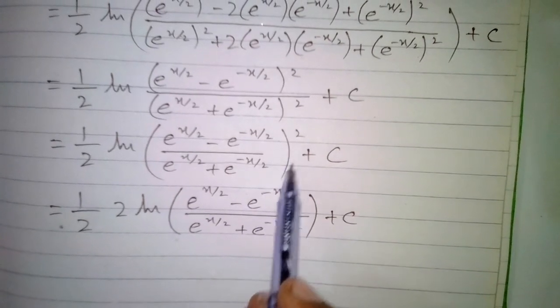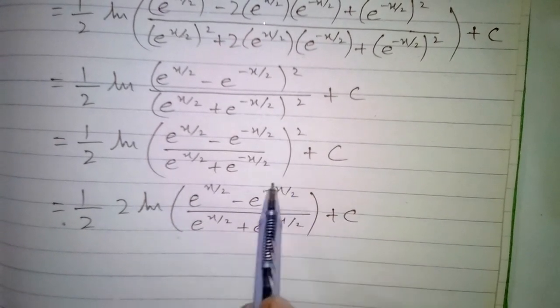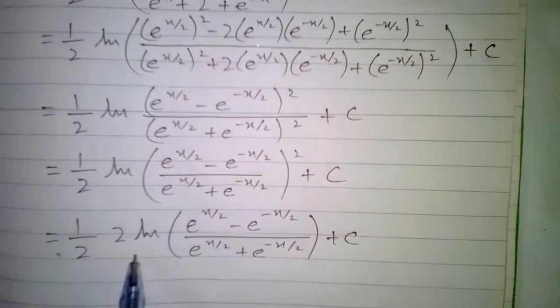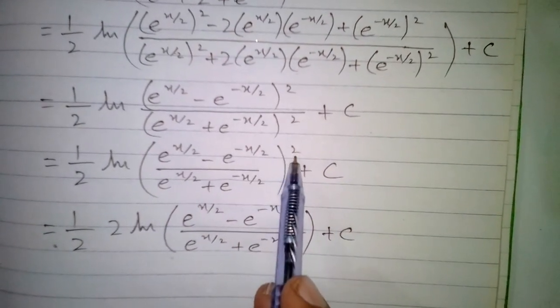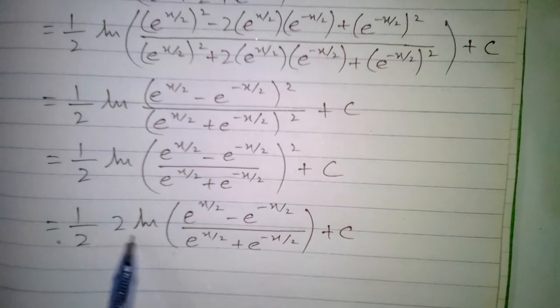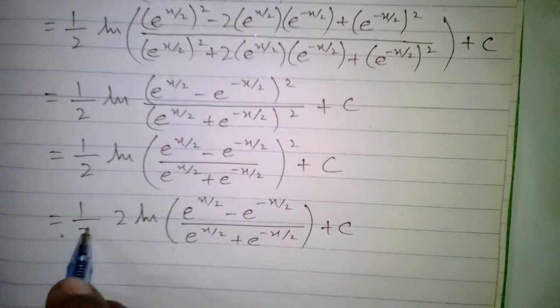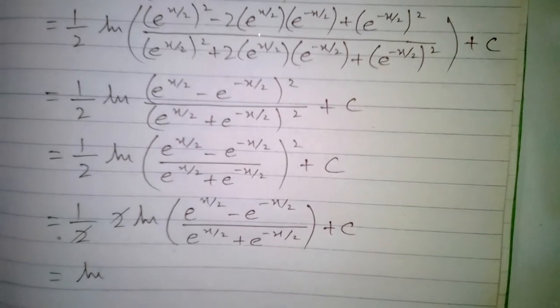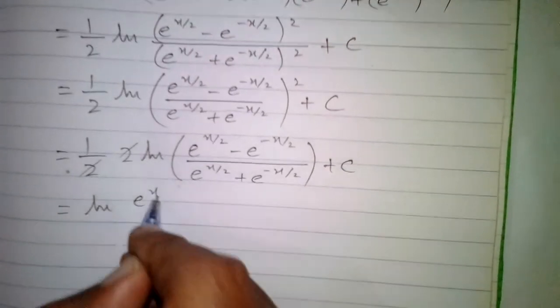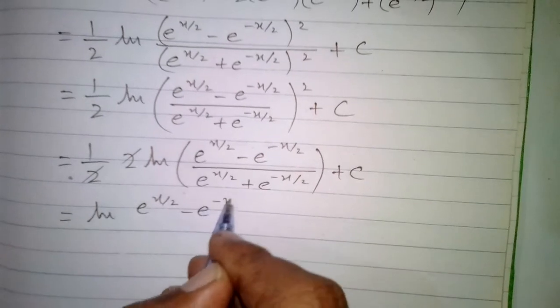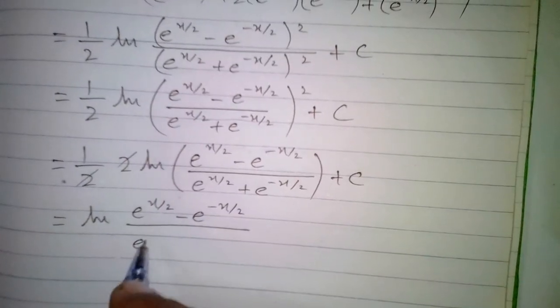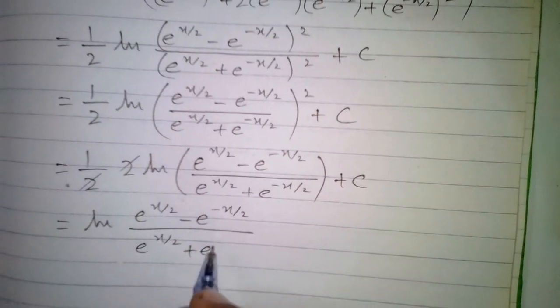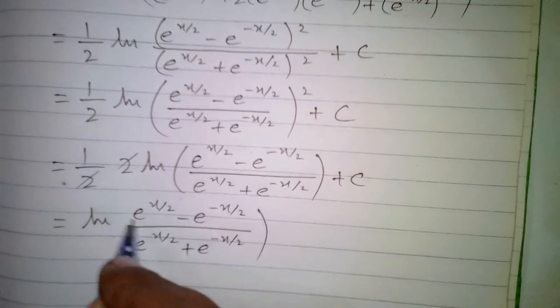This 2, which is the power of this whole thing, will become the coefficient of ln, so this 2 will come in front of the ln. Now we can cancel these 2's, so we have ln of e to the power x upon 2 minus e to the power minus x upon 2 over e to the power x upon 2 plus e to the power minus x upon 2 plus c.